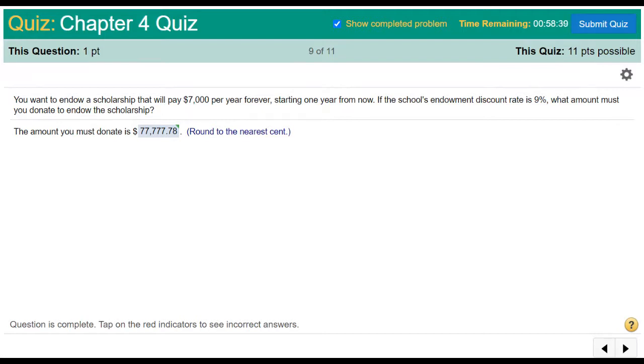And that happens all the time. Forever and ever. That's why people who are wealthy, when they donate money to foundations, this is basically what this is.